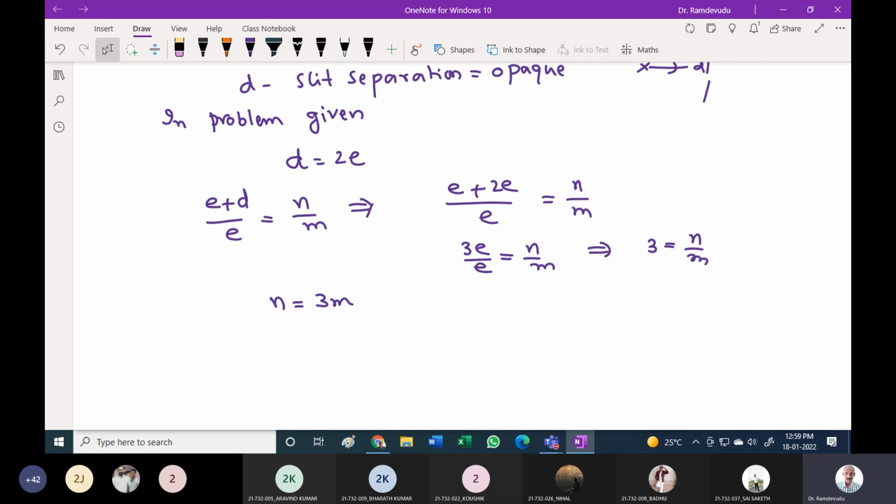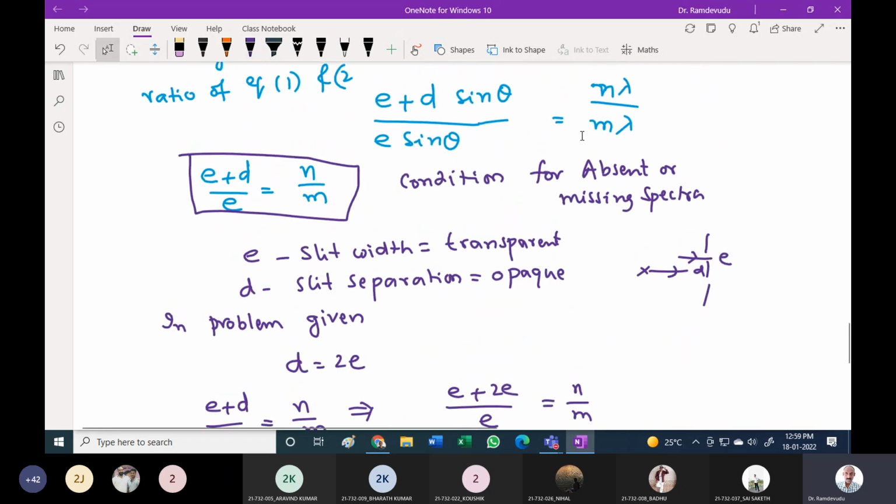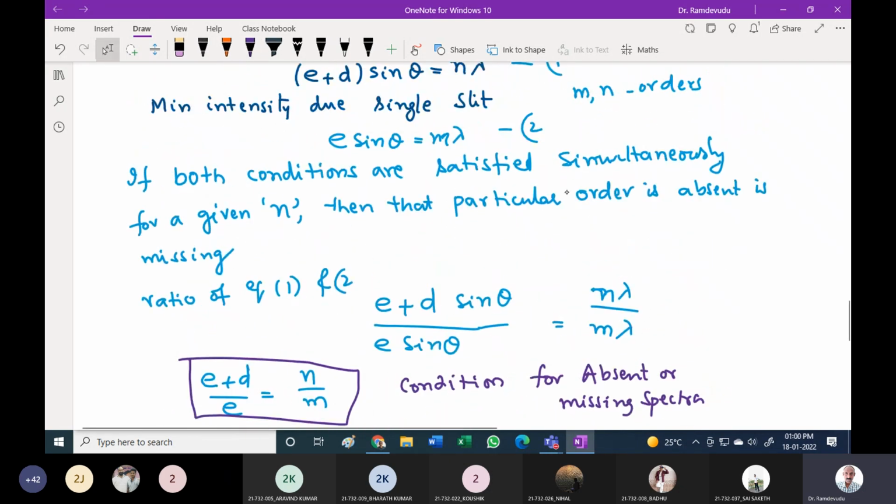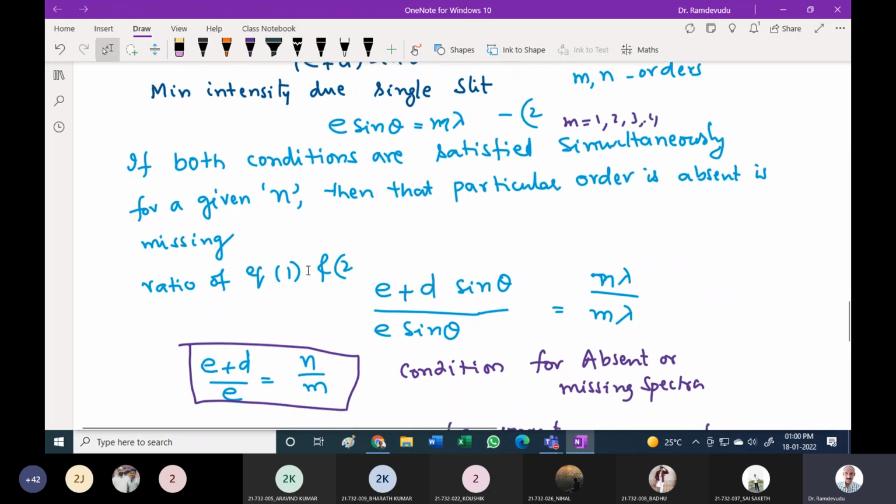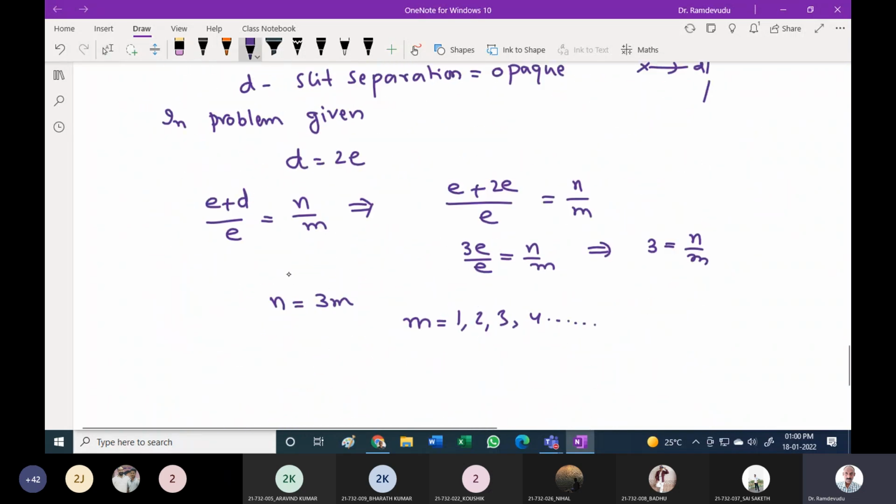So if n equals 3m, the maximum due to diffraction exactly falls on the minimum due to the single slit. n can take the values 0, 1, 2, 3, integer values, and m can take 1, 2, 3 and so on, because it is an integer value. If m is equal to 1, n is equal to 3, which means the third order is missing.